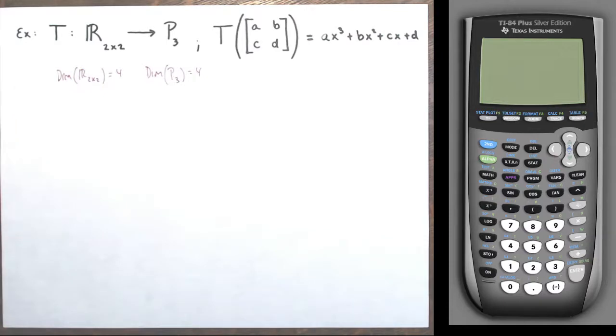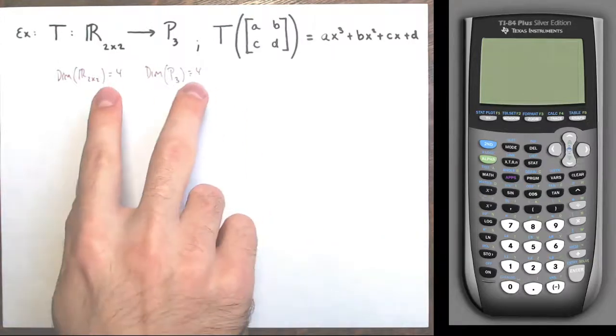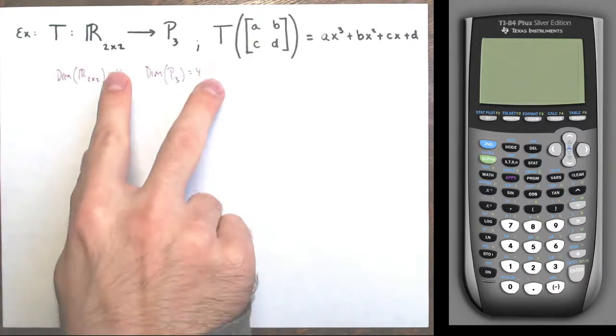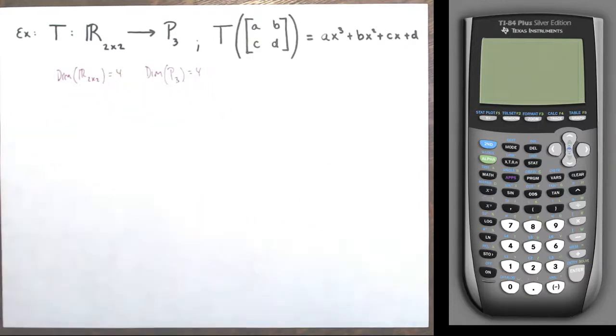It doesn't mean that every transformation between them is an isomorphism. It just means that there is one out there that is. So we have to check. If the dimensions are different, you can say right away, not an isomorphism. It can't be. If the dimensions are the same, then you have to check for linearity and all that.